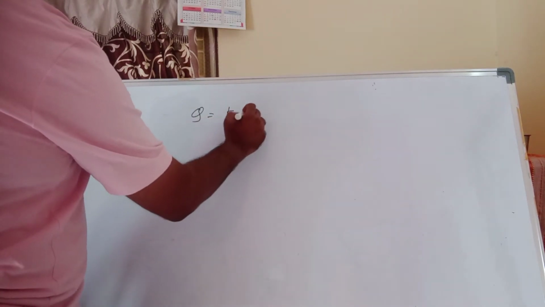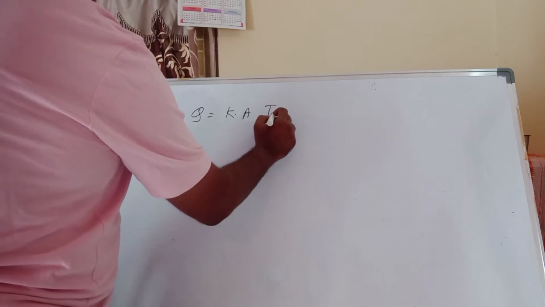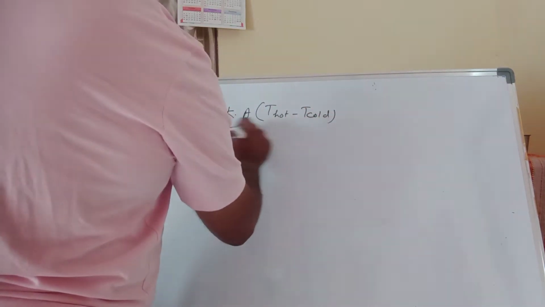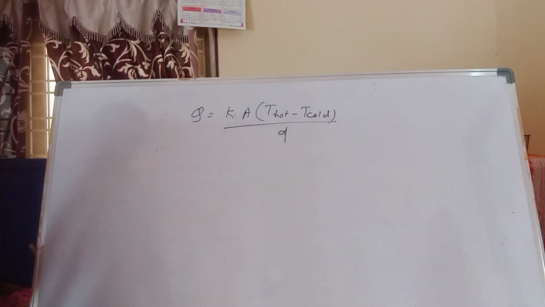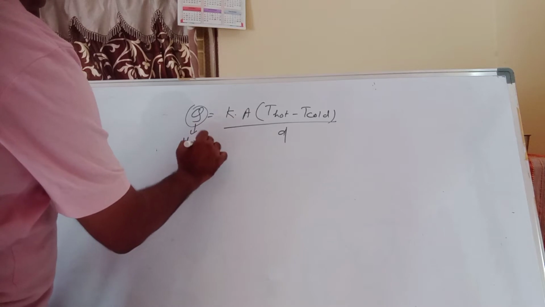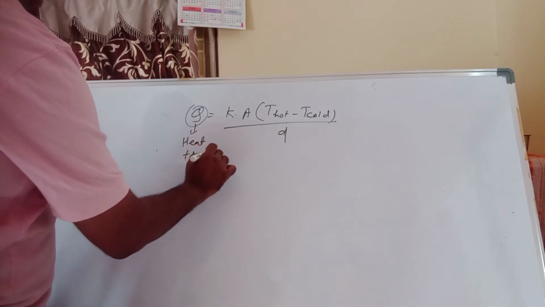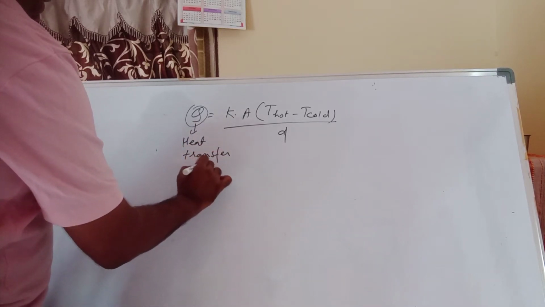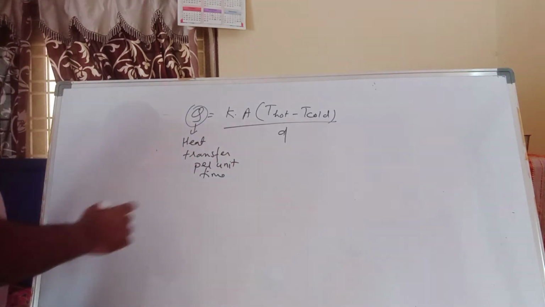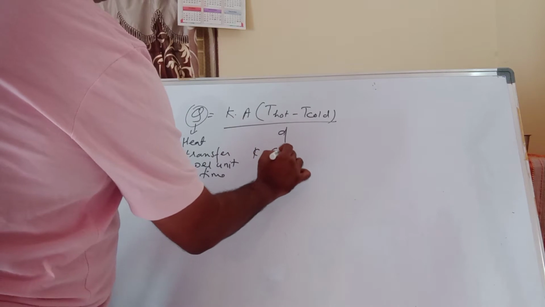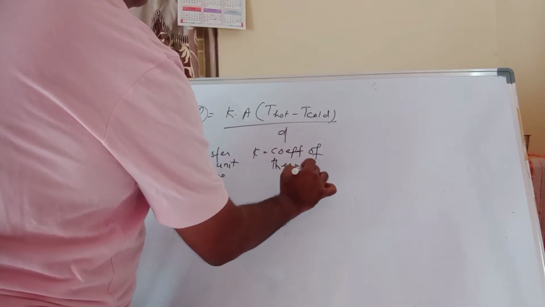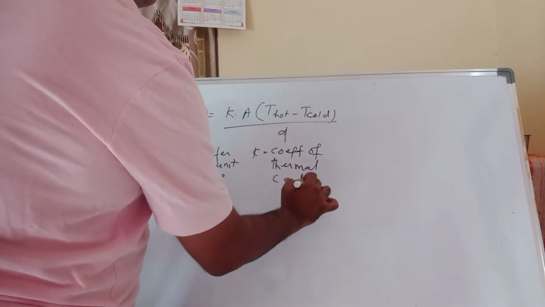So here the formula is Q = K A (T hot minus T cold) divided by D. This is the heat transfer per unit time. K is the coefficient of thermal conductivity.